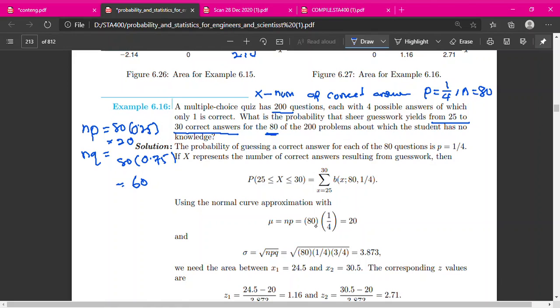Okay, daripada binomial 80, 1 over 4, kepada normal, mean-nya kena cari n darab dengan p, which is 20, dan variance-nya npq, which is 15.